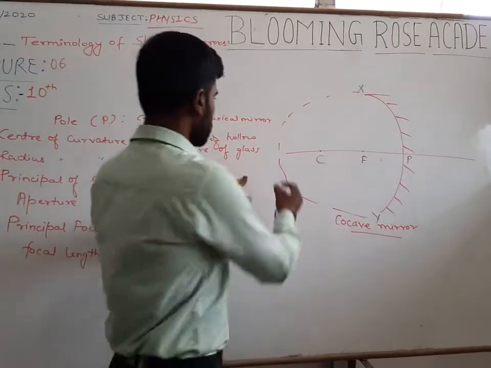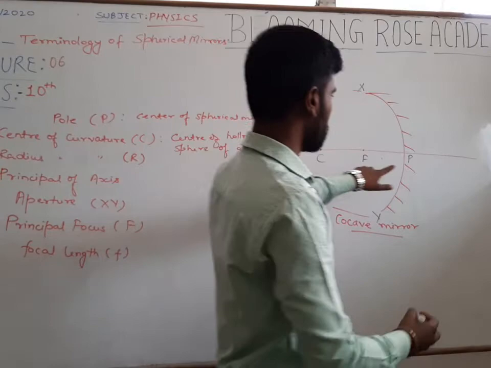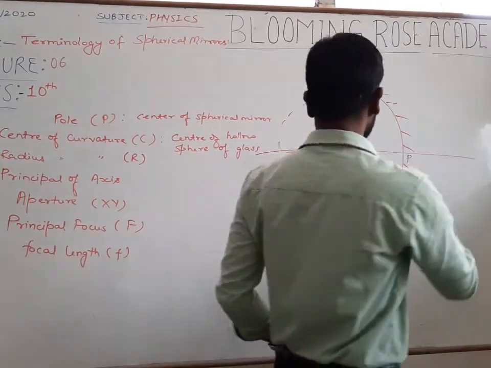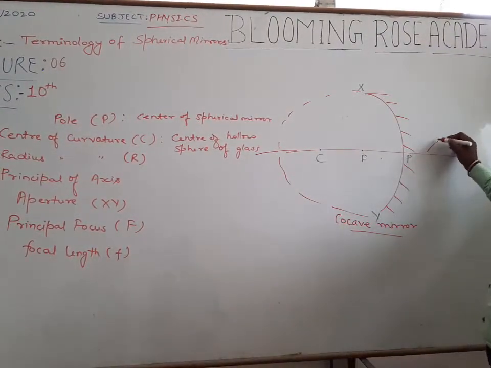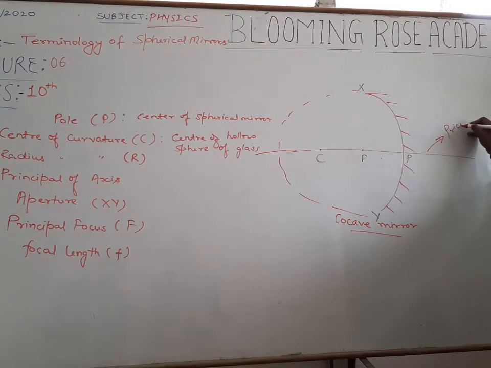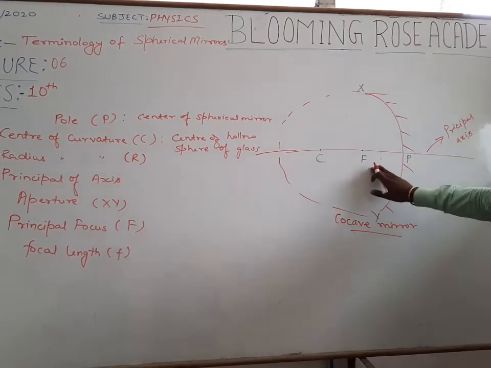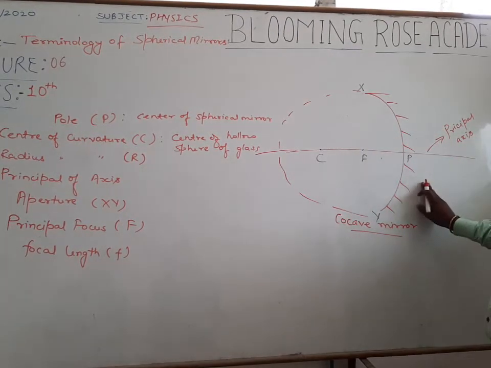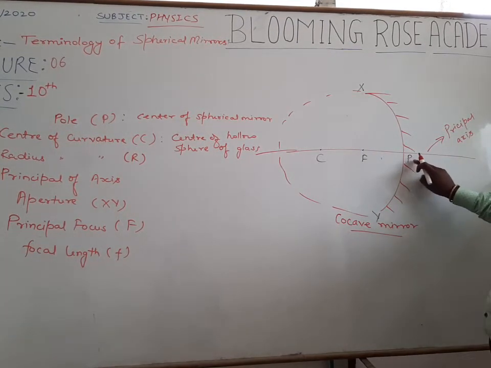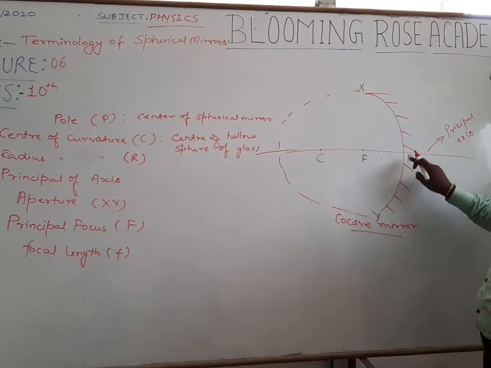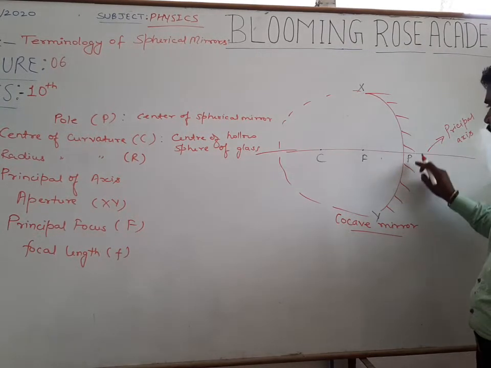Then this horizontal line is the principal axis. Here you can see that this horizontal line is the principal axis, and all measurements of the spherical mirror are taken through the pole because it is the center of the spherical mirror.